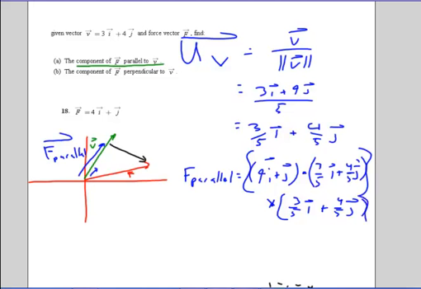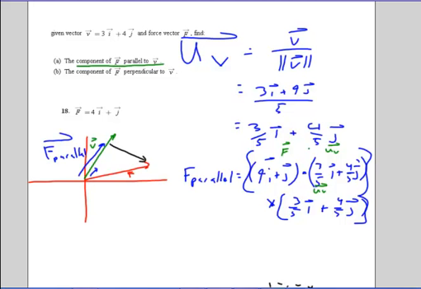In other words, we're dotting our f with our unit vector in the v direction, and then we're multiplying it by our unit vector in the v direction.